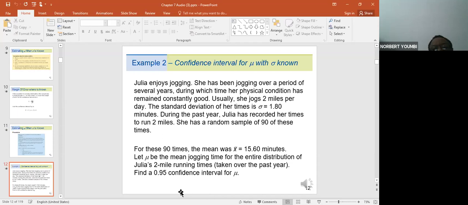During the past year, Julia has recorded her times to run 2 miles. She has a random sample of 90 of these times. For these 90 times, the sample mean is 15.6. Let mu be the mean jogging time for the entire distribution of Julia's 2-mile running times taken over the past year. Find the 95% confidence interval for the mean.